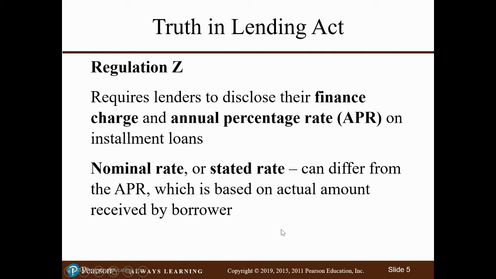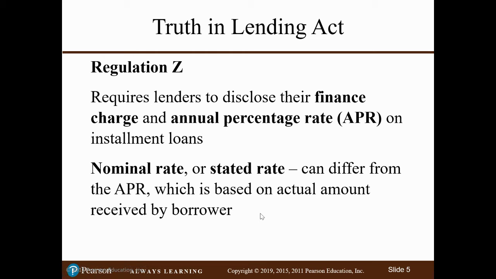Some more information about Regulation Z, or the Truth in Lending Act. It requires lenders to disclose the finance charge and the annual percentage rate on an installment loan. So anytime you get an installment loan, you will get a page that shows you what the APR is. And then you could go to another lender and get a comparison and see which one has the better APR. The lower the APR, the less the loan costs you to borrow the money.